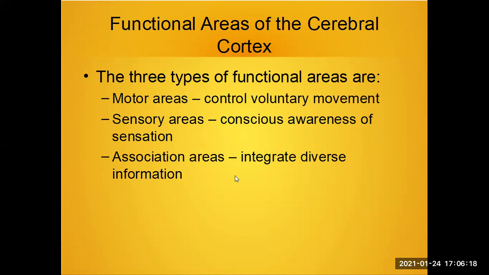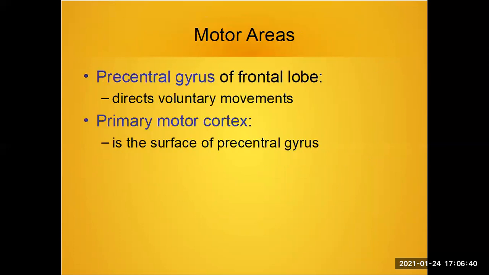The three types of functional areas are motor areas, which control voluntary movement; sensory areas, conscious awareness of sensation; and association areas, which integrate diverse information. The precentral gyrus of the frontal lobe directs voluntary movements.